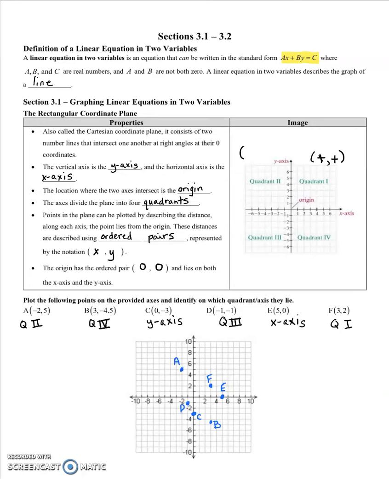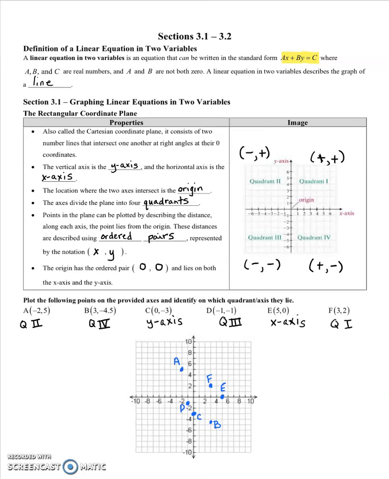Everything in quadrant 2 is a negative x and a positive y. Quadrant 3, both coordinates will be negative. And in quadrant 4, x is positive and y is negative. So that's one way you can check.